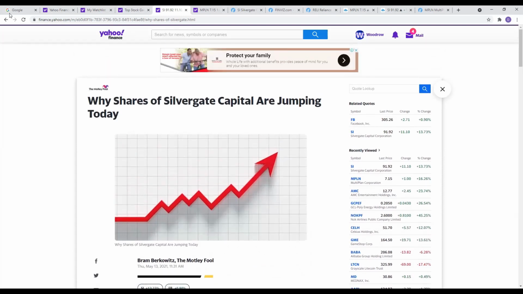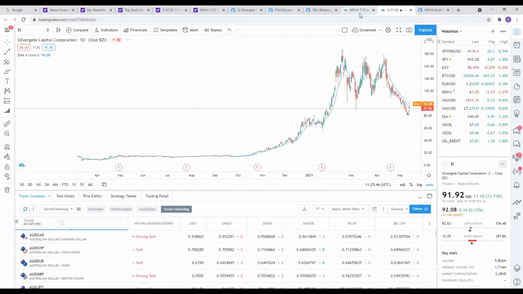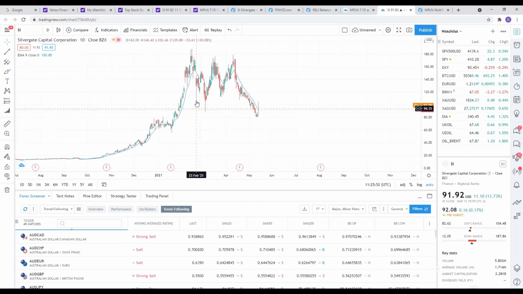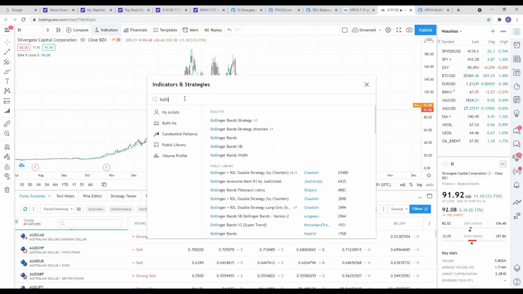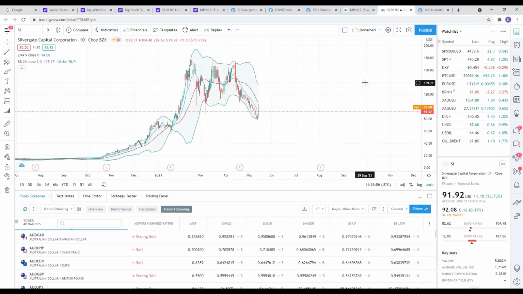So let's look at the charts. So this is the ticker here, SI, Silvergate Capital Corporation. This is a 9-point exponential moving average. Let's add some Bollinger Bands. Okay, so the price just touched the Bollinger Bands and then went back up.